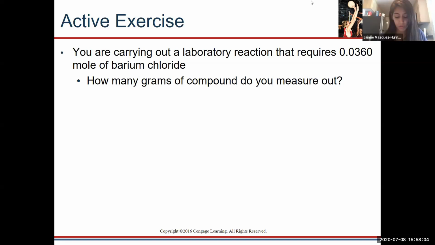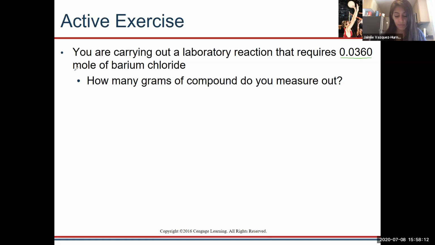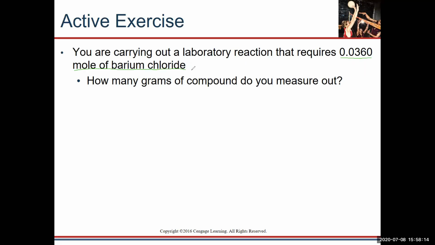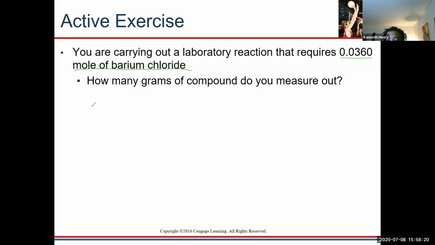Your given is 0.0360 moles per barium chloride, BaCl2. Give me the chemical formulas, because I'm just learning chemistry. For barium, it's just Ba. And since it's chloride, there's 2. So it's going to be two chlorides. Good job.